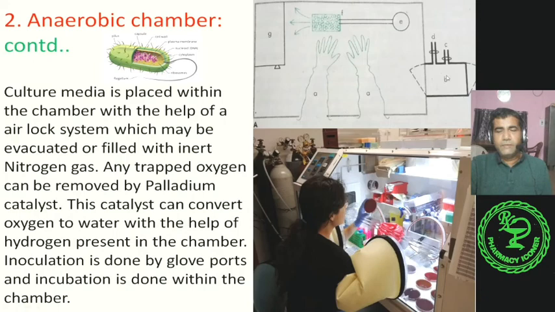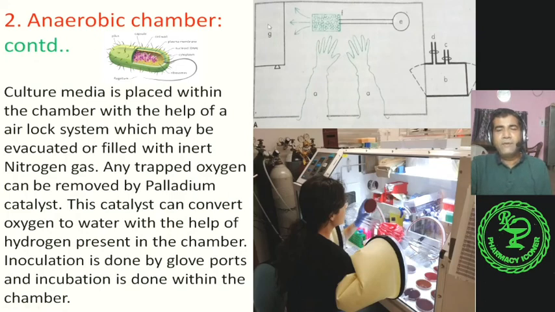The material is kept here, then this portion is opened and the materials are taken into the box. There is also an arrangement with a platinum or palladium converter, which can utilize hydrogen and convert oxygen to water, if present.